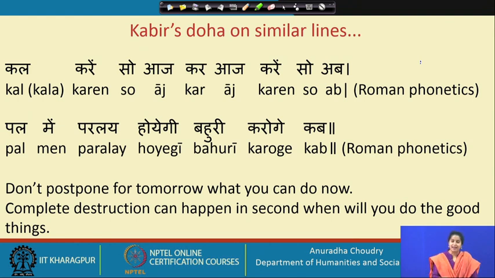And another, I wanted to highlight another aspect of Sanskrit, which is that when you're writing kal, in Sanskrit you would have written kala, because you're writing a full kala, but you're pronouncing it as kal, and therefore you have aja, that in Sanskrit you would pronounce as aja, but here I've given you only the Roman phonetics, it's pronounced as aj.